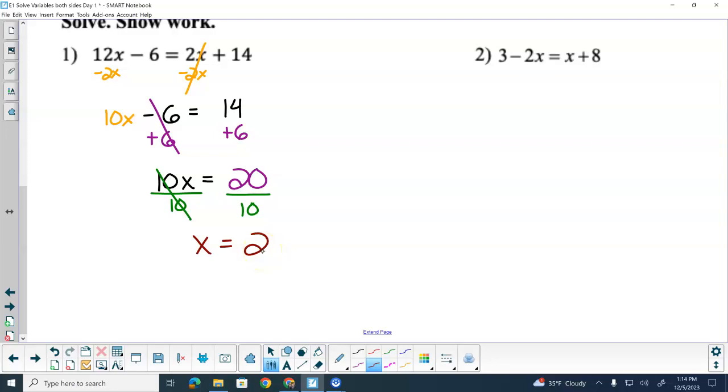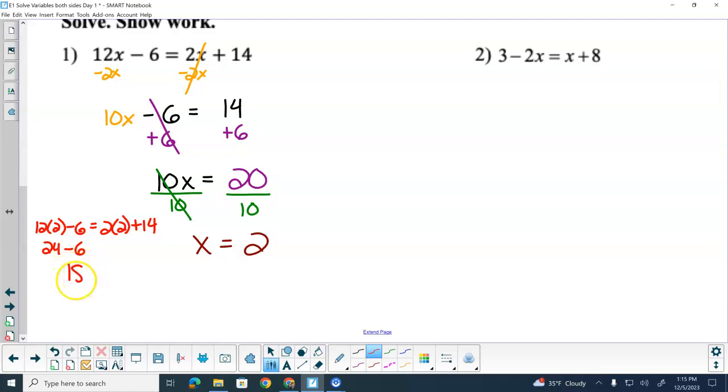Now, when I go back to check my work, I've got to plug in 2 in place of x, and I've got to plug in 2 in place of x. 12 times 2, 24. 24 minus 6. Right? 24 minus 6, 18.